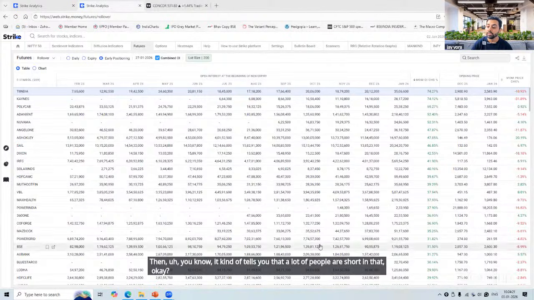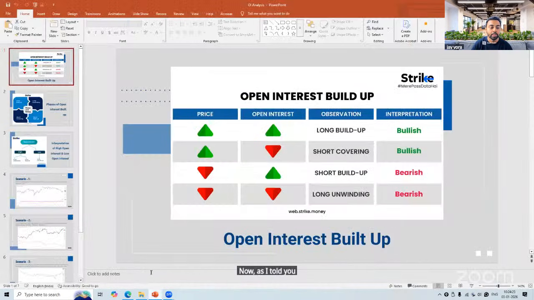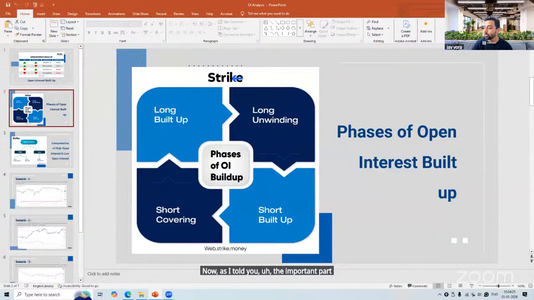As I told you, the important part first is to analyze where there is short and then wait for the confirmation so that you can reap the benefit of short covering.